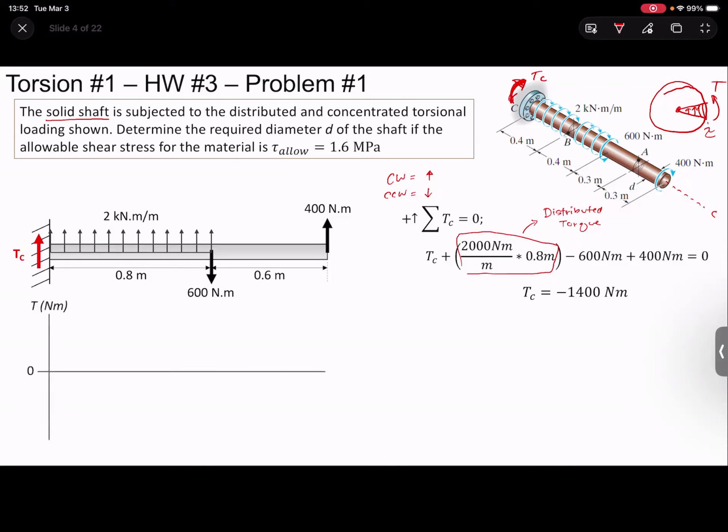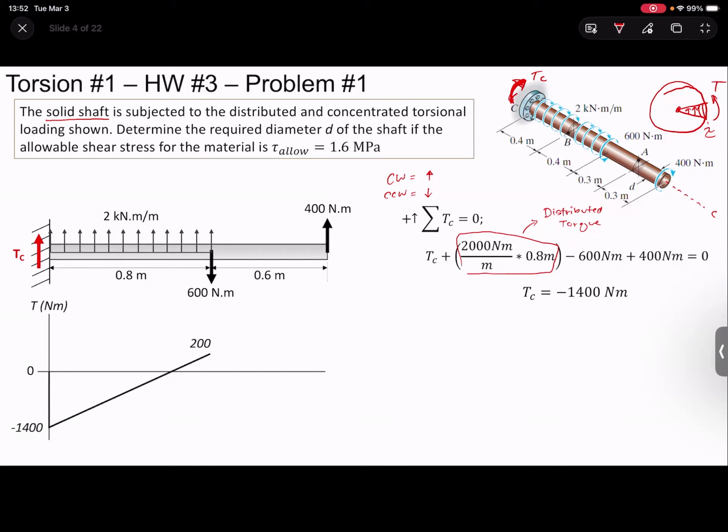So what we need to find is where the maximum torque is within our solid shaft. Similarly to how we would do a shear diagram, we're going to draw a torque diagram. Same notation: it starts off with negative 1,400 from our support reaction. Then we have this distributed torque of 2 kilonewton meters per meter.